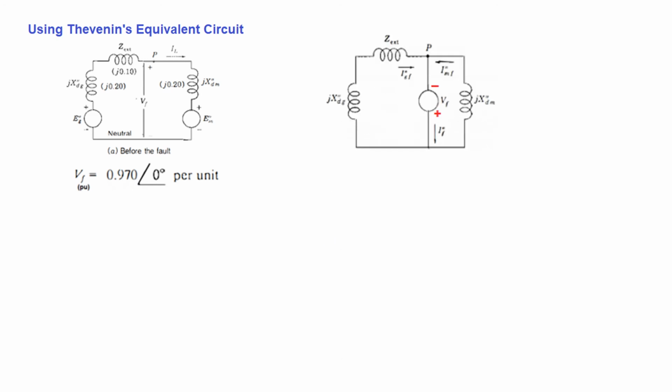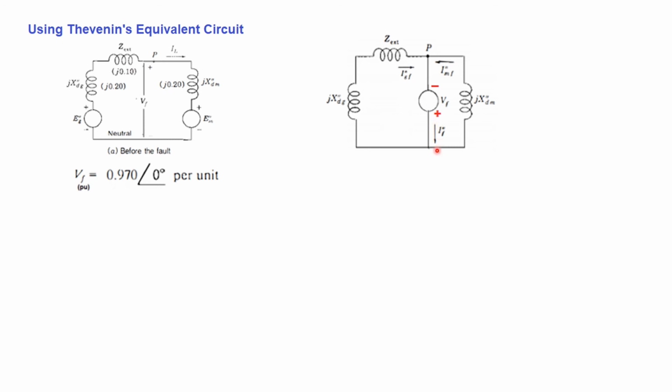So if you recall, this was the circuit, and we had found the VF, the fault voltage. Now if we insert a voltage source whose magnitude is equal to the fault voltage and whose polarity is such that the current flows in the same direction as it was flowing here, that is why we have put negative at the top and positive at the bottom.